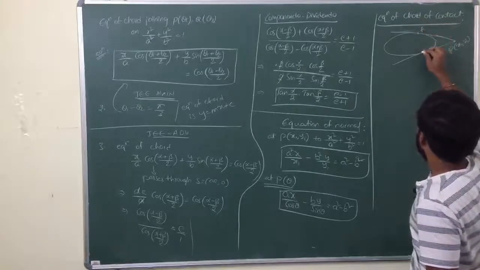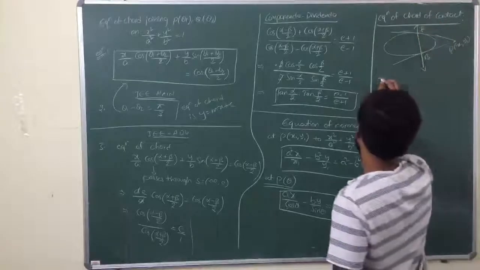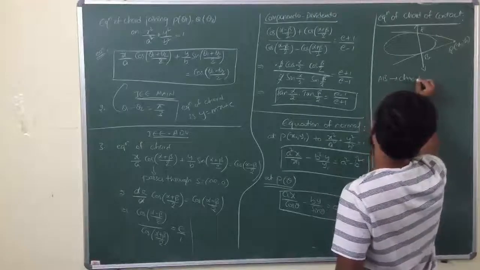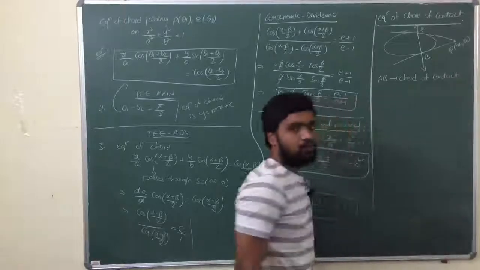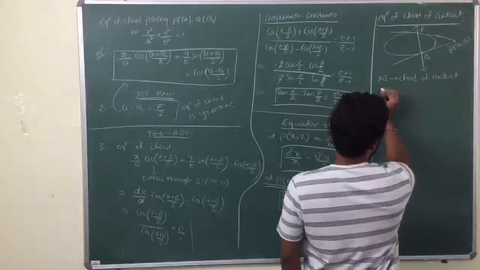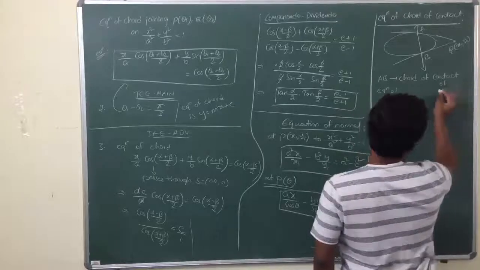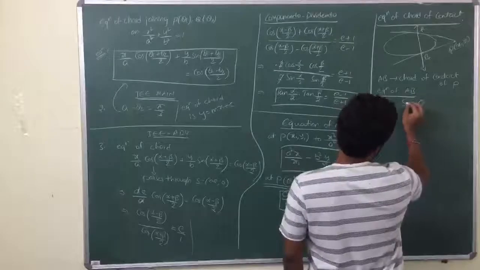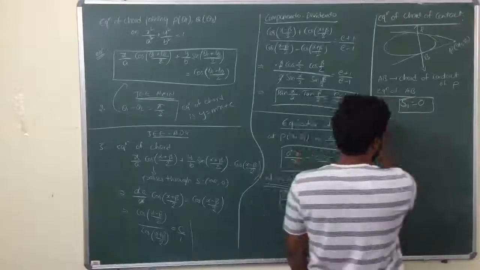This point A, point B. So AB is the chord of contact. Okay, remember the same concept as in circles and parabola also. Now, the equation of chord of contact of P, so the equation of AB, is S1 is equal to 0 simply. The equation of chord of contact is S1 is equal to 0.